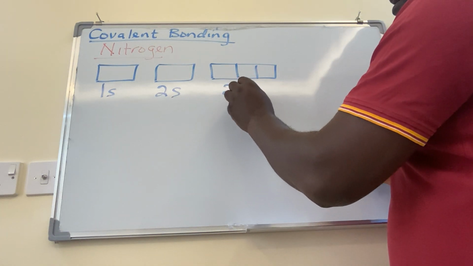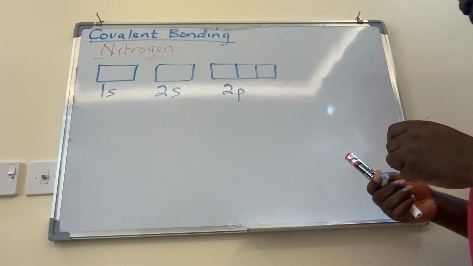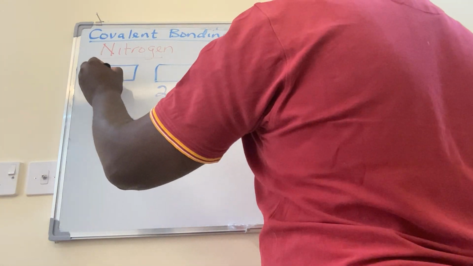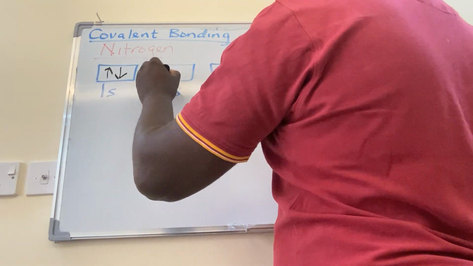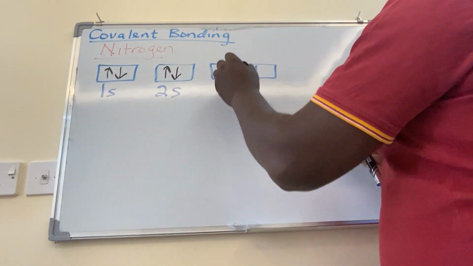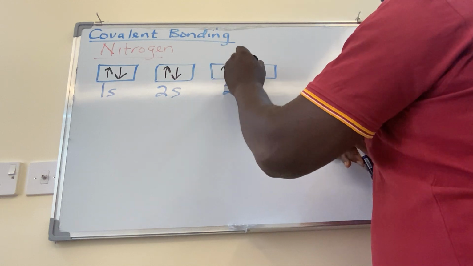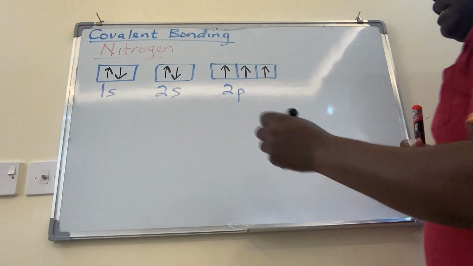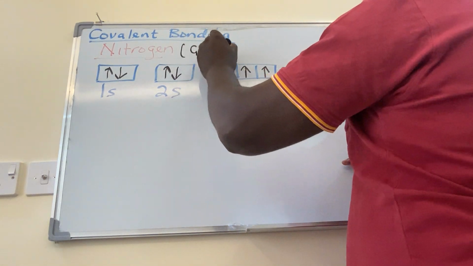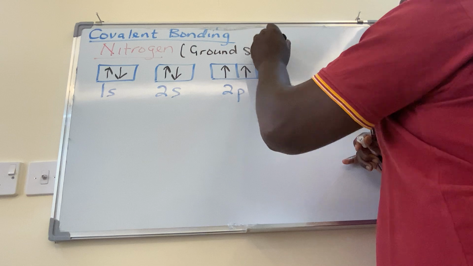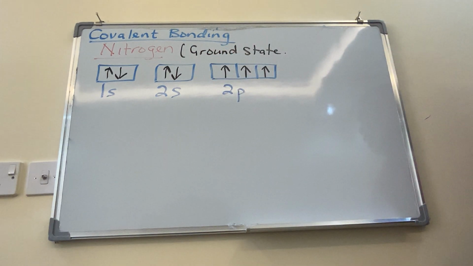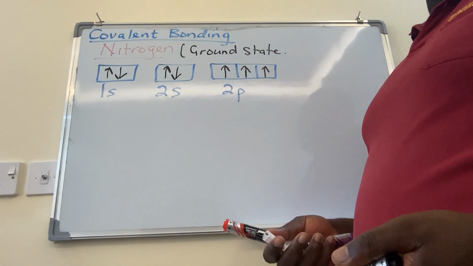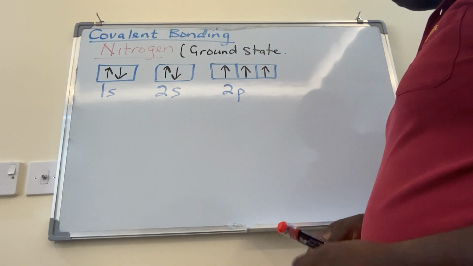If we do the electronic configuration for nitrogen, you're going to find that it has 1s2, 2s2, and then 3 unpaired electrons in the ground state. No wonder nitrogen can form a compound such as ammonia, even ammonium.